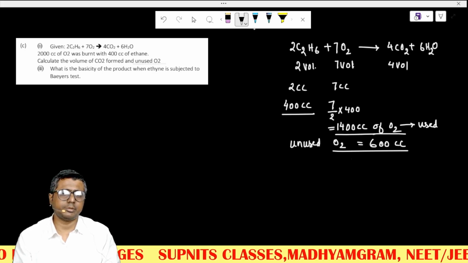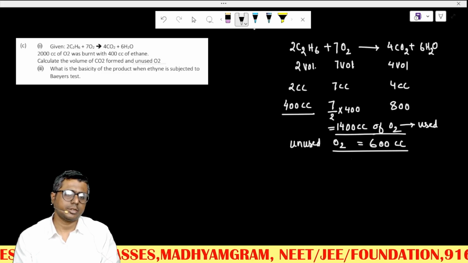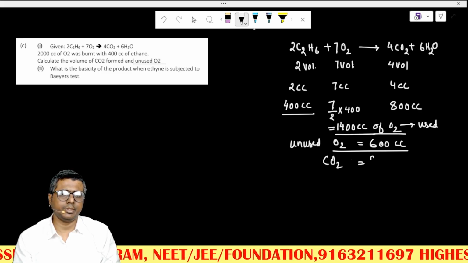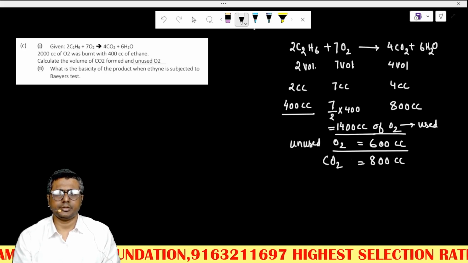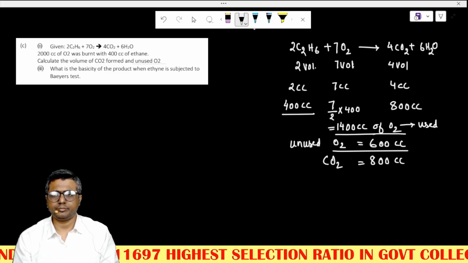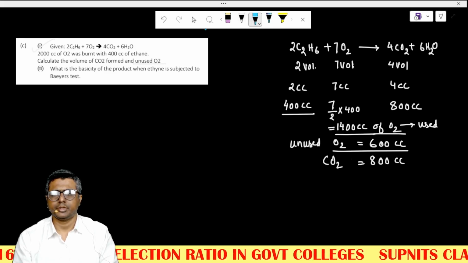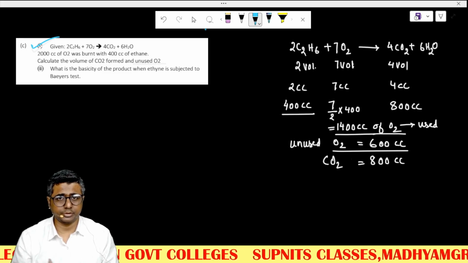So 2 cc gives 4 cc, 400 cc will definitely give 800 cc. So CO2 formed will be 800 cc. Clear? This was a very easy question: simple Gay-Lussac's law and a little bit of the concept of limiting reagent, which is also very important.